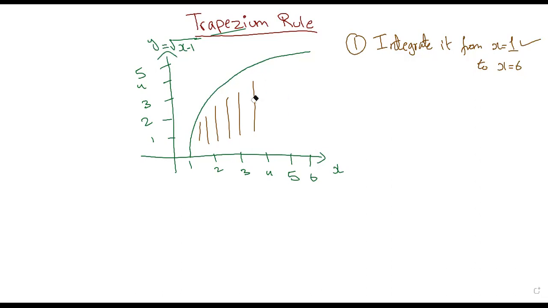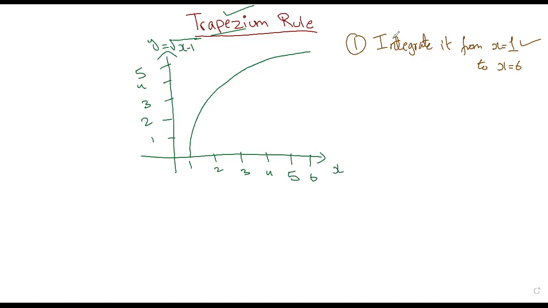But if the function is of a form that you are not able to integrate, or the question asks you for an approximation, and asks you to use the trapezium rule and approximate the area under the curve, that is what we are going to discuss now.